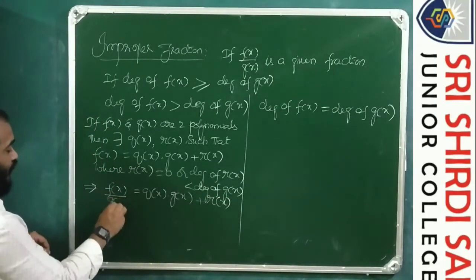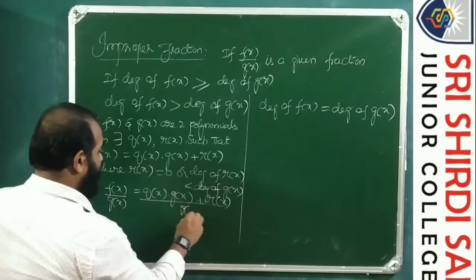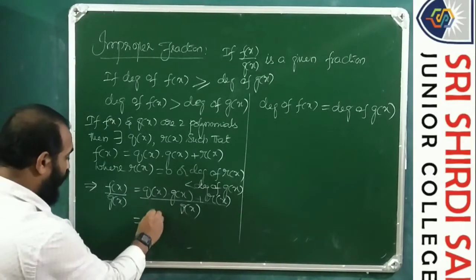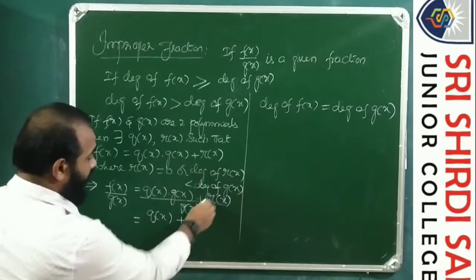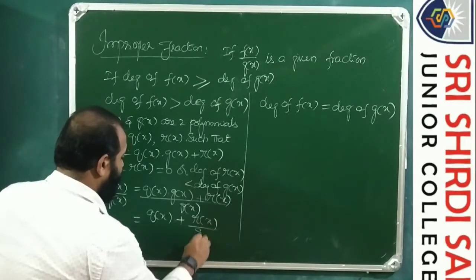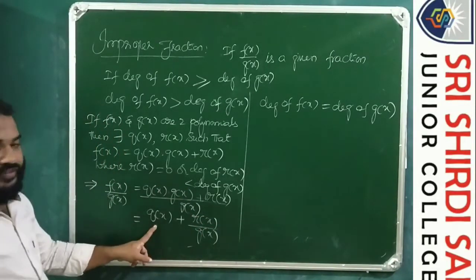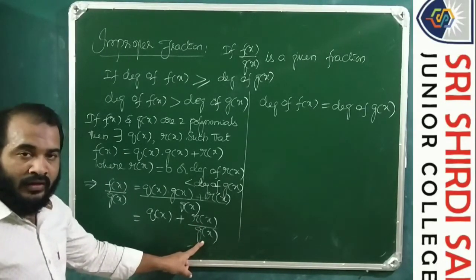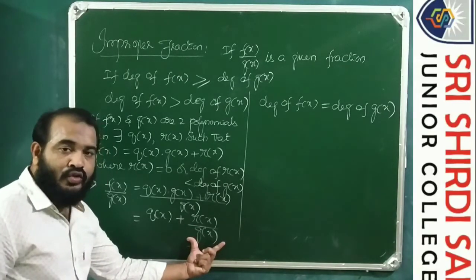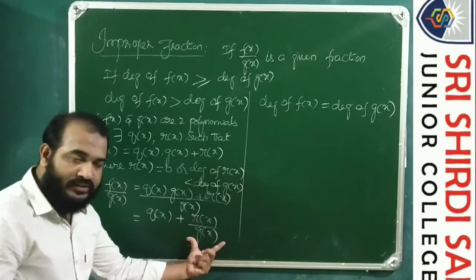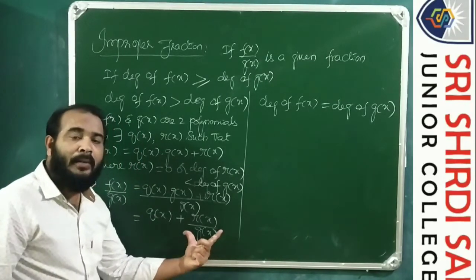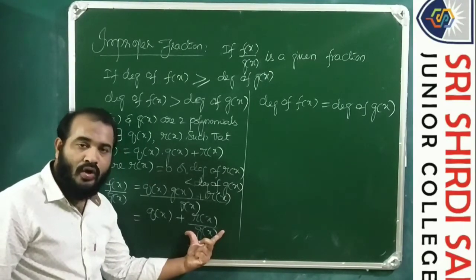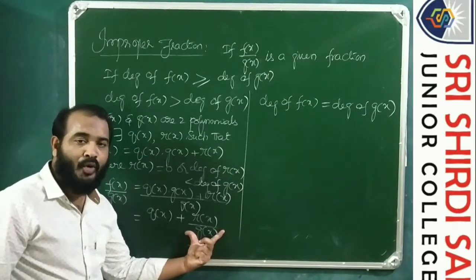If we divide by g of x on both sides, then q of x into g of x by g of x is q of x, plus r of x by g of x. Here q of x is a non-zero polynomial and r of x by g of x can be resolved through the process of partial fractions, because this is going to be a proper fraction, and we know how to deal with a proper fraction.